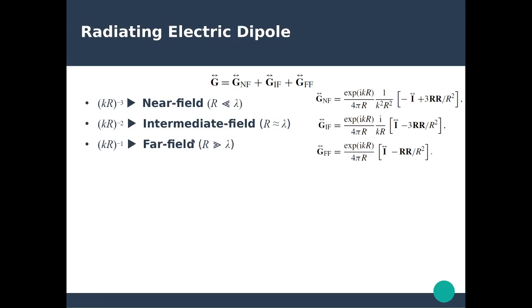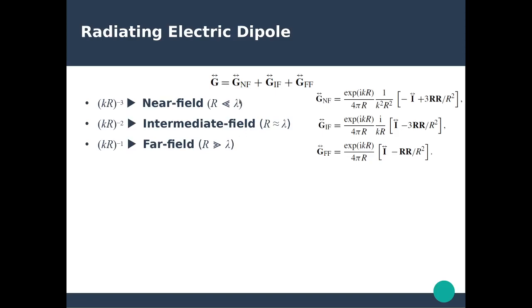The far field is dominant when you're looking at the electric and magnetic fields far away from the particle, when distances are much greater than the wavelength of light. Of course, you can continuously go from one regime to another, but the 2 important ones are the near field and the far field.